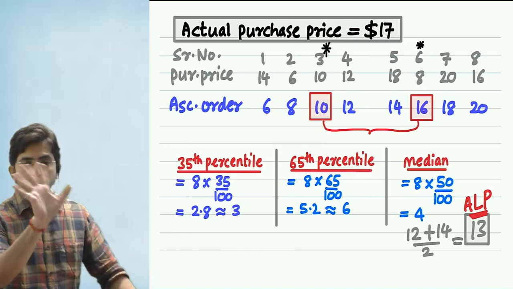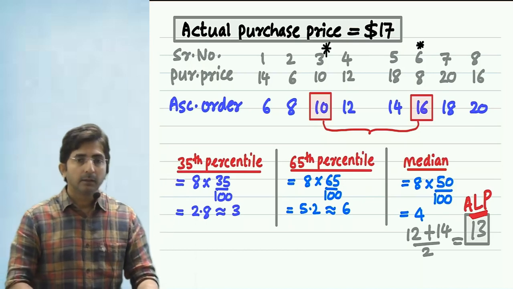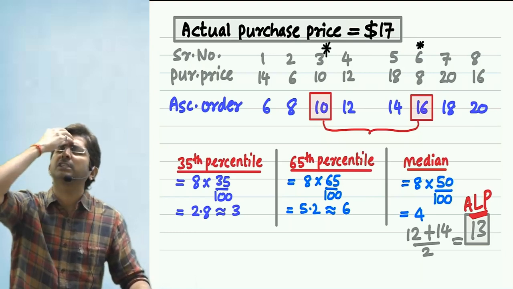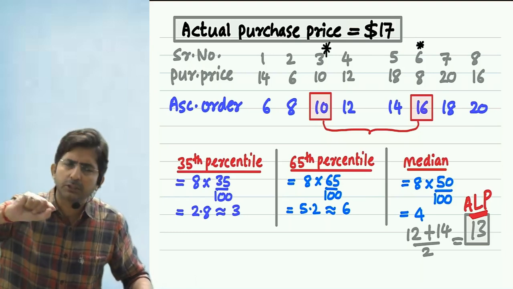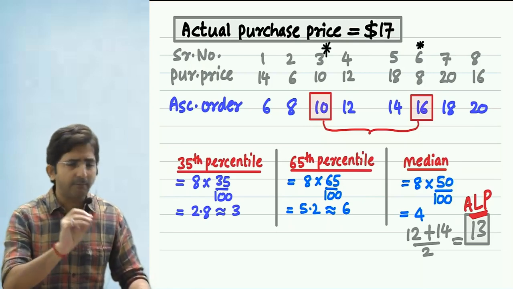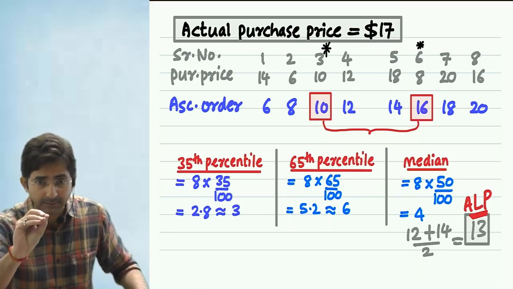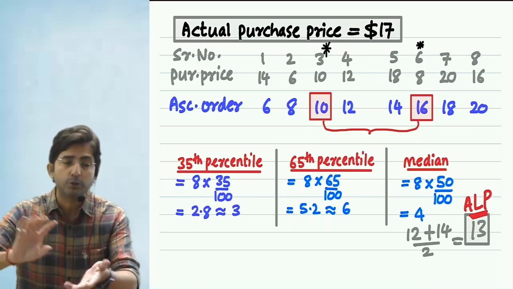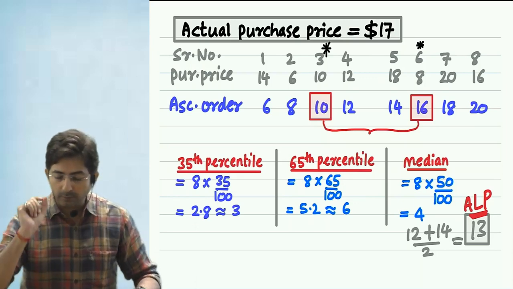What is the conclusion in this sum? How many times do I have to say that after every ALP computation you have to write the conclusion? In the exam when they ask the question, you are not just supposed to compute the ALP, you have to write the conclusion also. So tell me what conclusion you will write here.